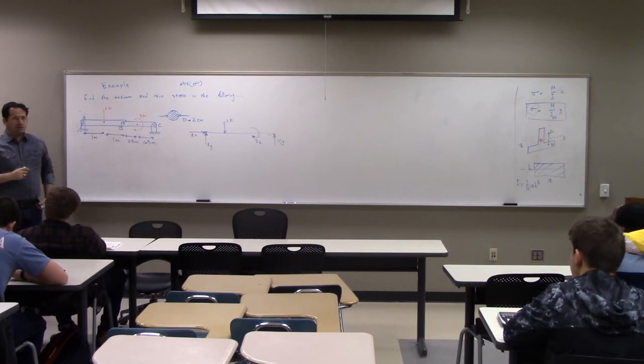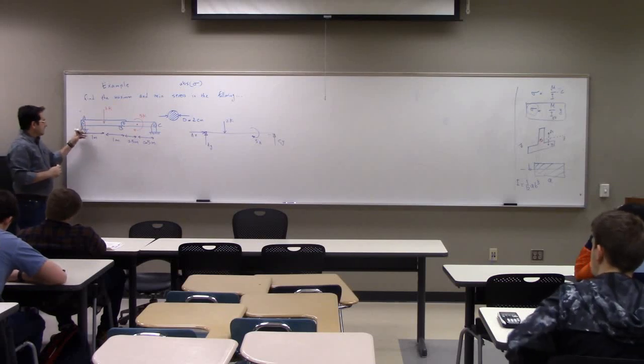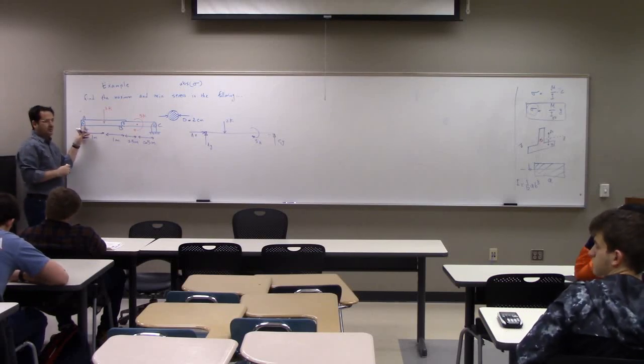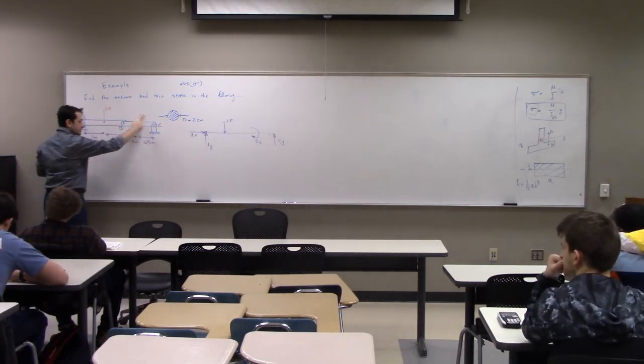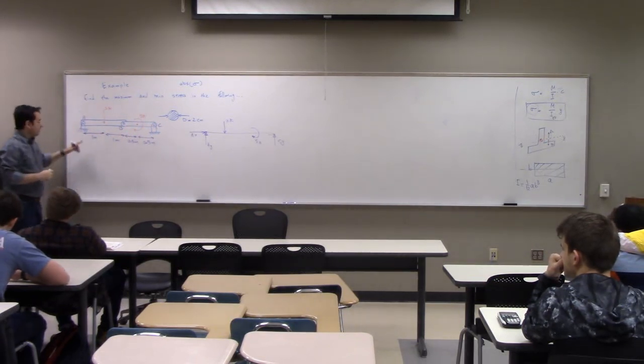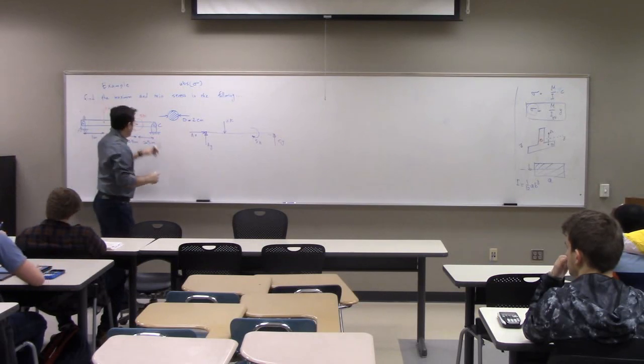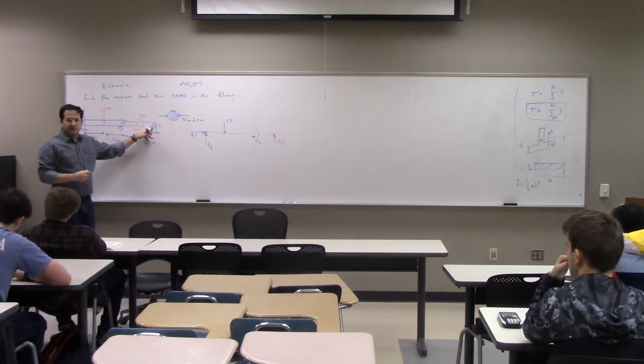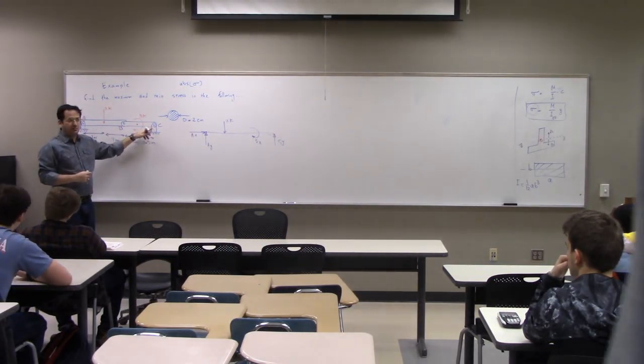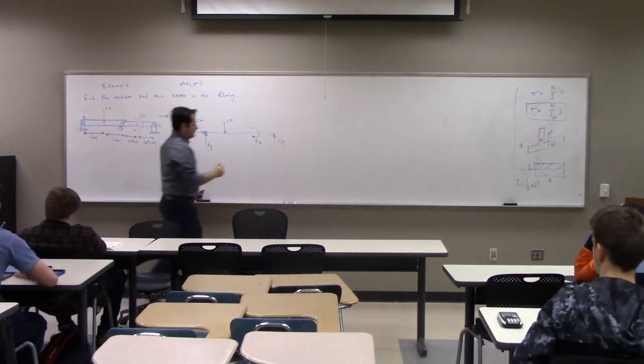And that's completely wrong. Why? This is assuming you take the entire thing as the system. How many reactions do I have here? AX, AY. How many reactions here? This is not a roller. Again 2.